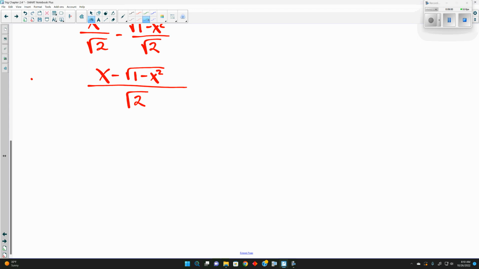And last but not least, we can rationalize this denominator by multiplying top and bottom by the square root of 2, which is really just going to give us 2 in the denominator.